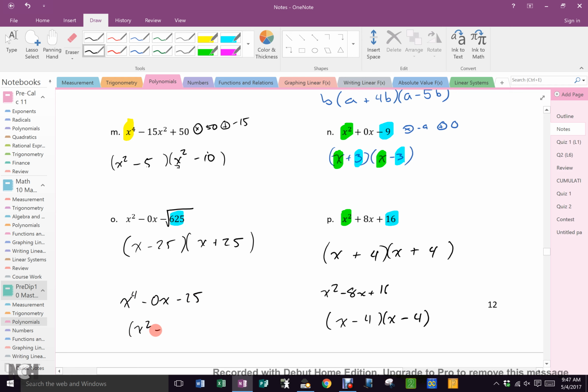Yep. X squared minus 5, x squared plus 5. Oh, I thought you were doing a new question with 25 instead of 625. 25 works because it's squared as well. Yep. Except you would do it again, which is what we're about to do. That's our very next page.